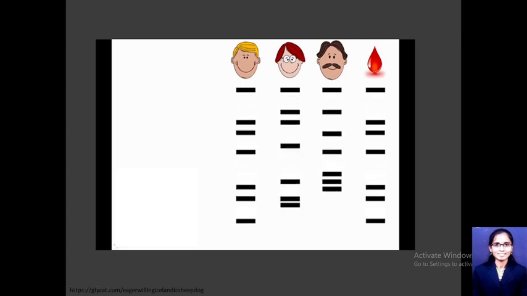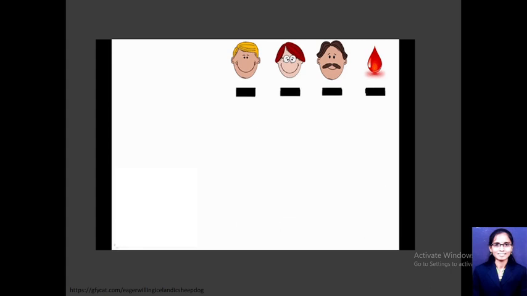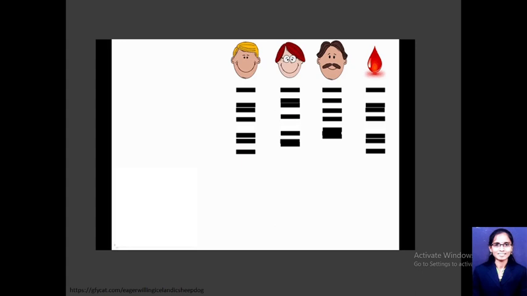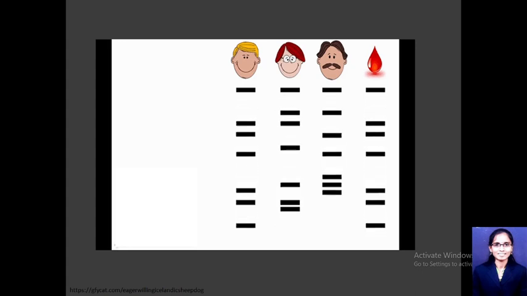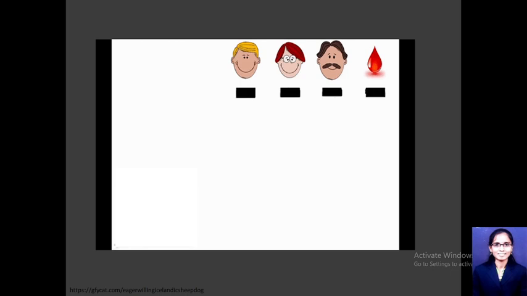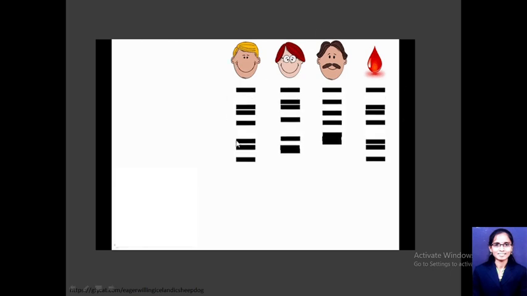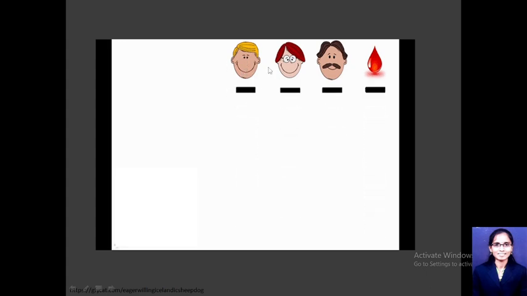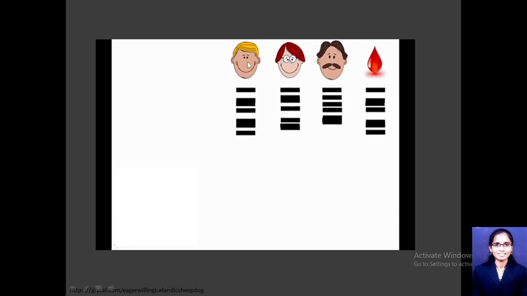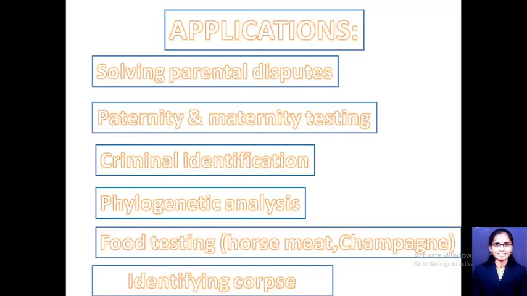I will extract the DNA sample, digest that sample, perform the PCR, then go to the Southern blotting technique, and after hybridization, I will interpret the result. If the DNA bands present in this sample match with this individual, it will indicate that this is the suspect who was present at the scene of the crime.